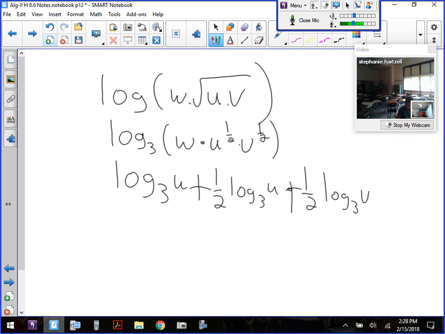Same thing with 14. If we look at number 14 real quick, we've got log base 2 of the quantity 12 times 5 to the 4th, all squared.